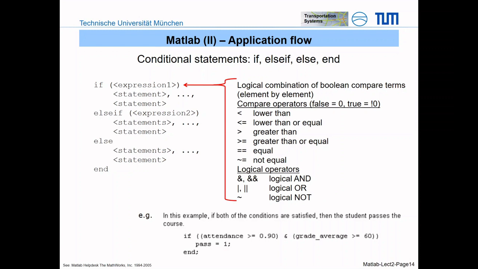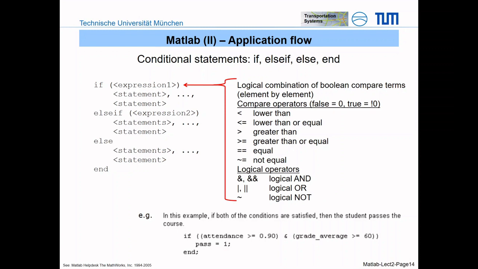So what you can have here now is different comparators which define your expression. And if you have more than one expression which must be true, or which either one or the other must be true, or something like that, then you can combine these different expressions in one condition by these logic operators. These logic operators are these double and, double or, and not symbols, and therefore you see one example in the lower part of this page.